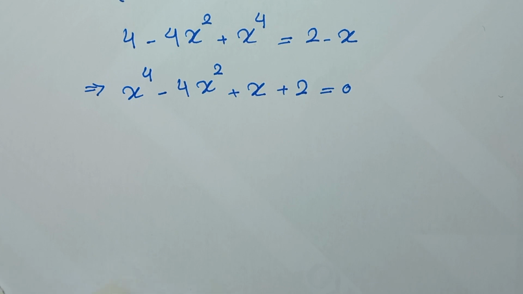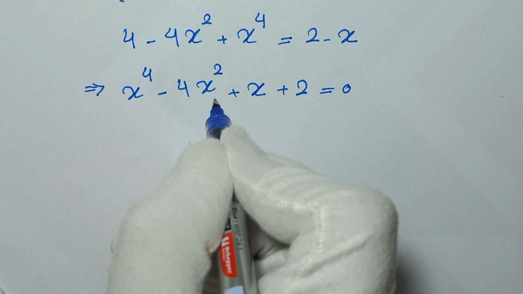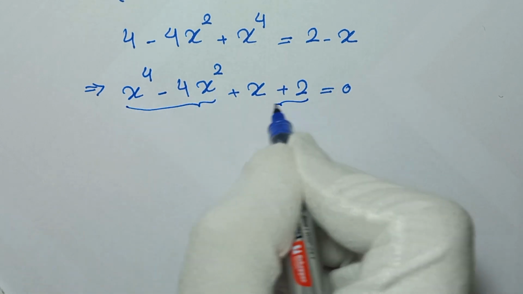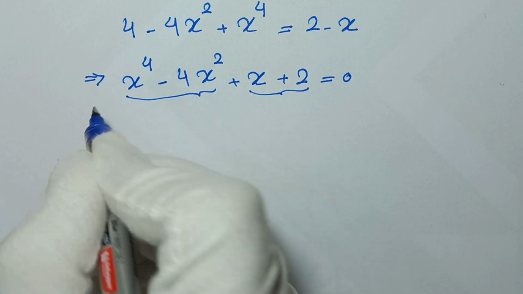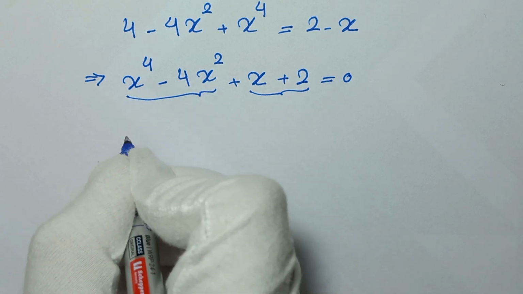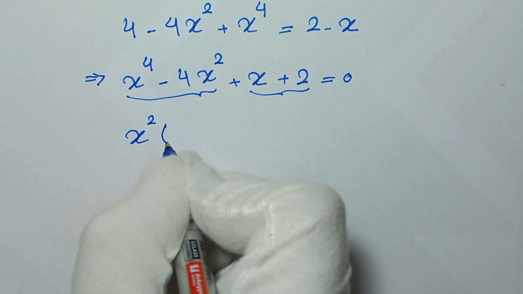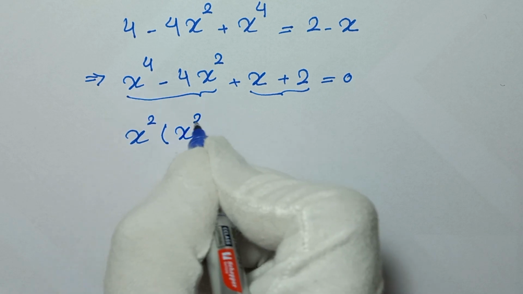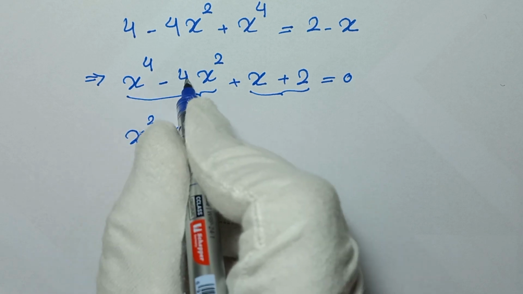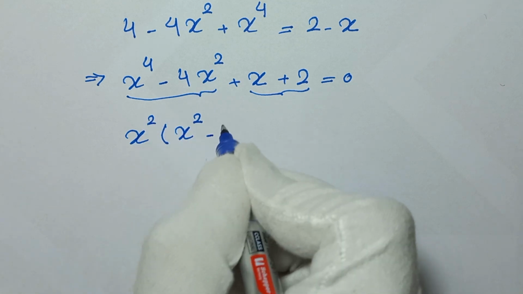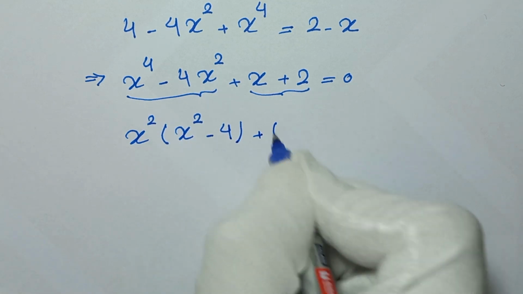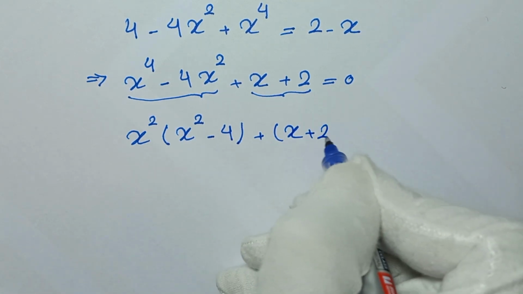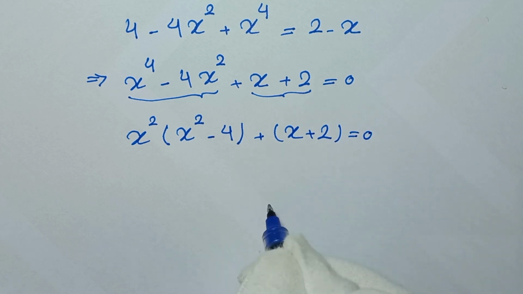In the next step, we take these 2 parts together and these 2 parts together. From these 2 parts, we factor x squared: x to the power of 4 divided by x squared is x to the power of 2, minus 4x squared divided by x squared is 4, and plus x plus 2 is equal to 0.